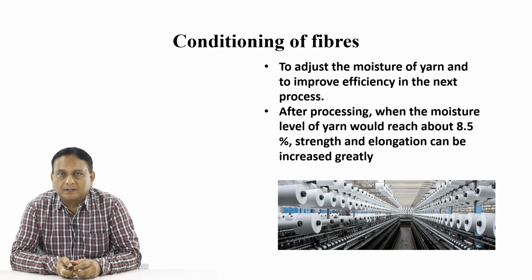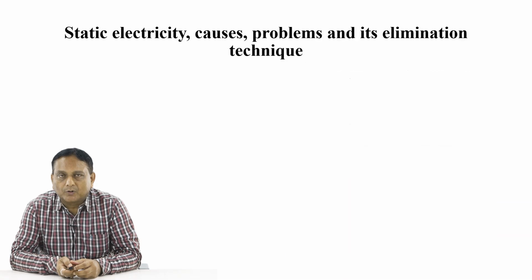Now after processing, when the moisture level of the yarn reaches about 8.5% in the case of cotton, strength and elongation can be increased greatly. So you can understand how strength and elongation behavior depend upon the moisture level in the yarn. That is the importance of conditioning.